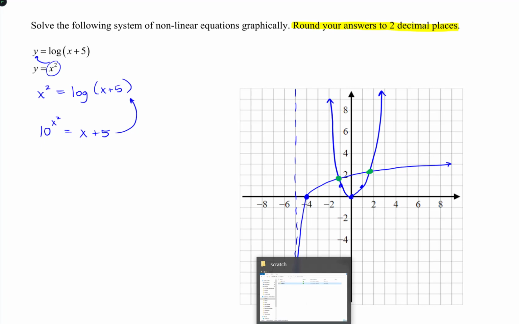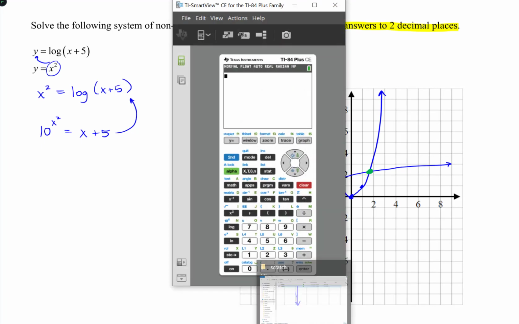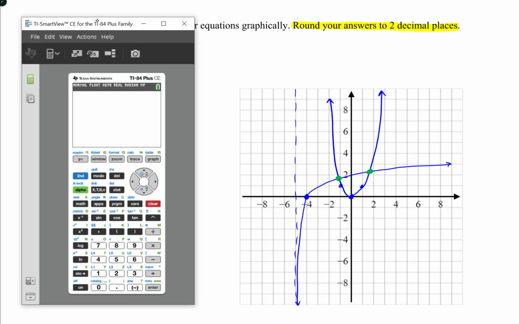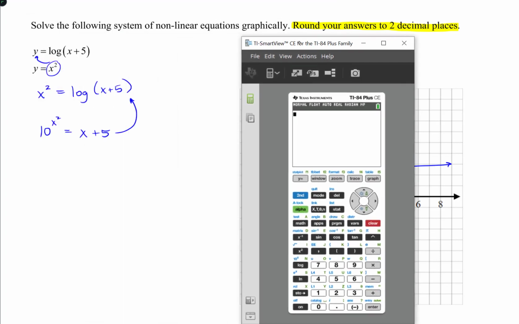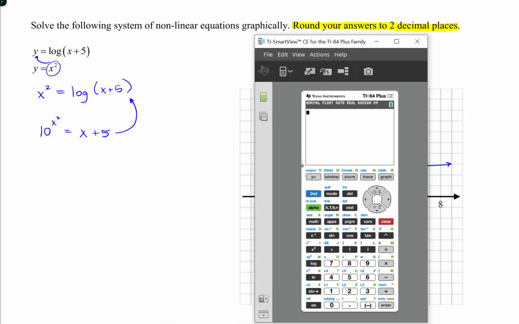So, the calculator, let's see how to use that. What we will do is start off plugging our equations into y1 and y2. So we have log, which is a common log, so use that, of x plus 5, and y equals x squared.